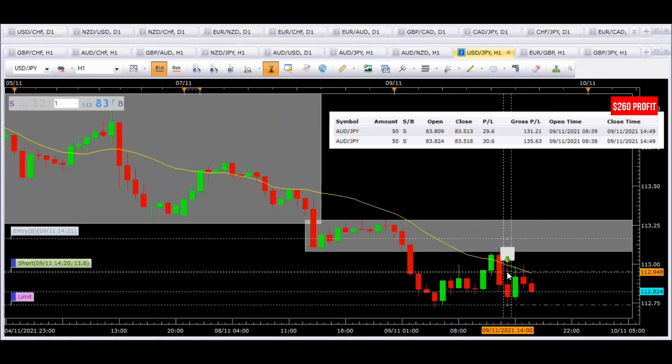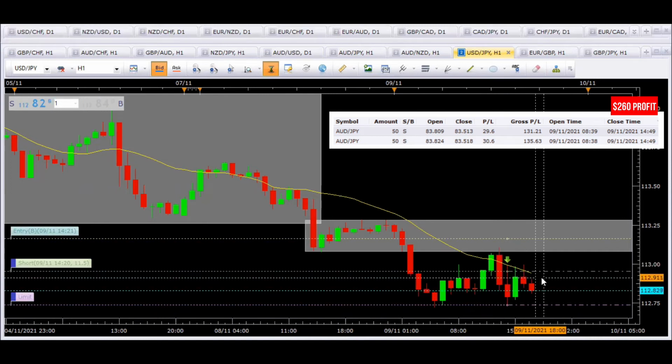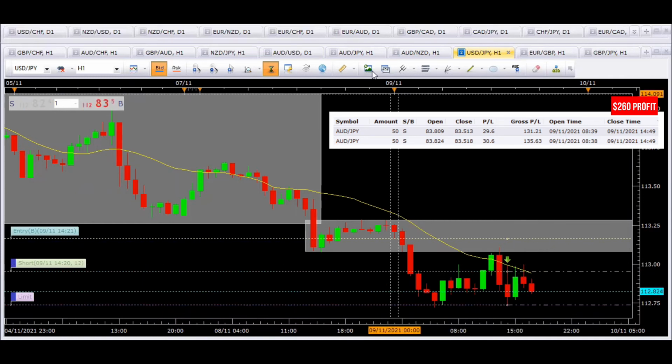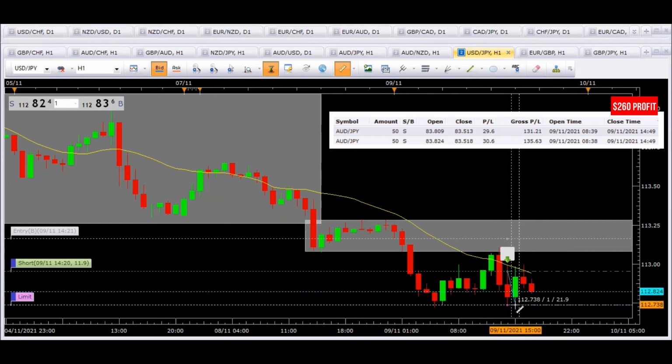You can see that I've entered at 112.95, because I had to wait for this retrace to give me at least a risk to reward of 1:1. So now, as you can see, I've entered here. My stop is here, 20 pips, and my target is 22 pips.